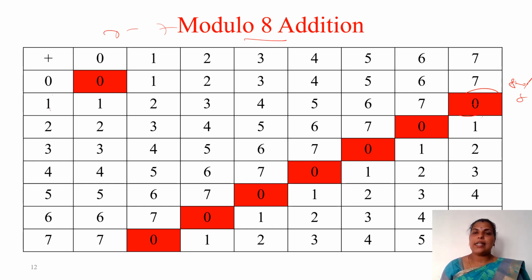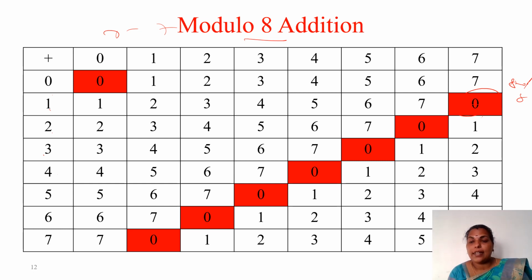So here 1 is the additive inverse of 7, 2 is the additive inverse of 6, 3 is the additive inverse of 5, 4 is the additive inverse of 4, 5 is the additive inverse of 3, then 6 is the additive inverse of 2 and 7 is the additive inverse of 1. So this way we can have the additive inverse. If you are performing modulus operation, if you are getting 0, then an additive inverse exists.